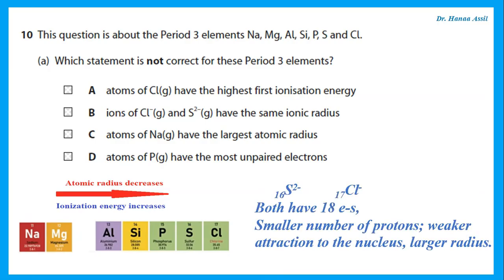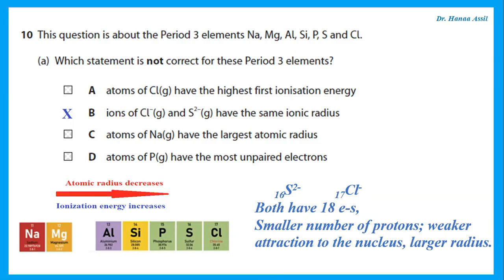Sulfur has 16 protons attracting a total of 18 electrons, while chloride has 17 protons attracting the same number of electrons, and we said more positive charge means more attraction to the nucleus, and therefore the radius gets smaller as the protons increase, or smaller number of protons, weaker attraction to the nucleus, so larger radius. So actually they don't have the same ionic radius. The one that has more protons has the smaller radius.